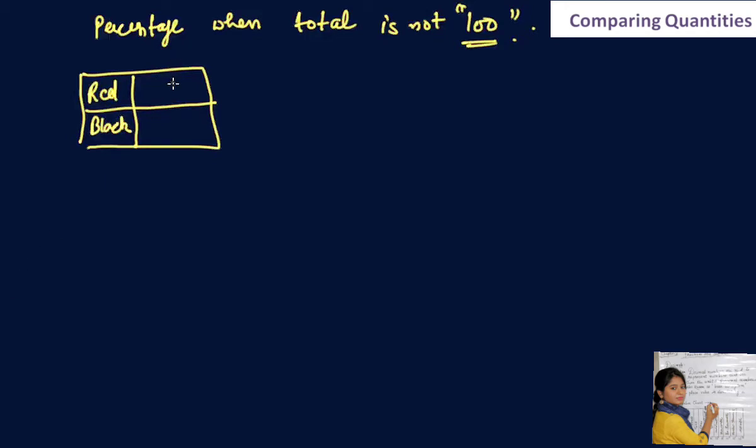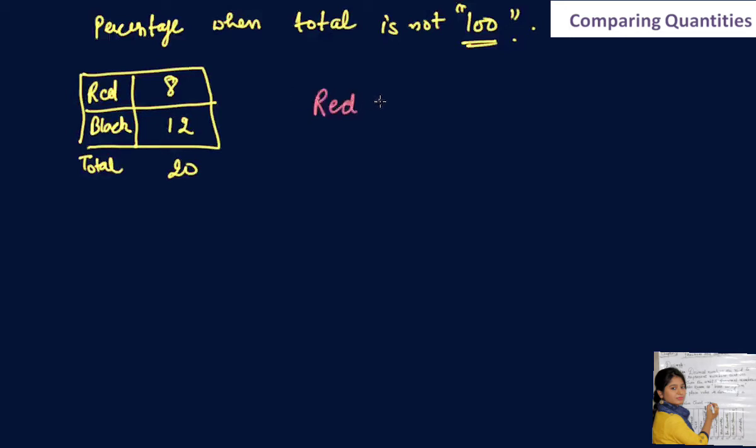The number of red balls is 8 and the number of black balls is 12. The total balls will be 20. So we need to find the percentage of red balls and the percentage of black balls in the bag.